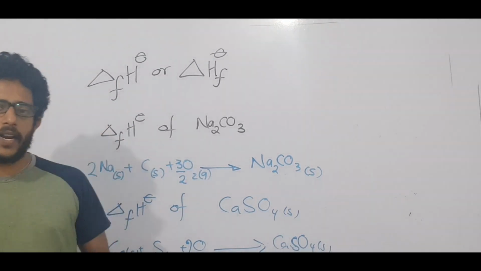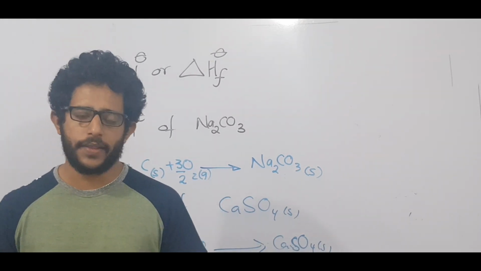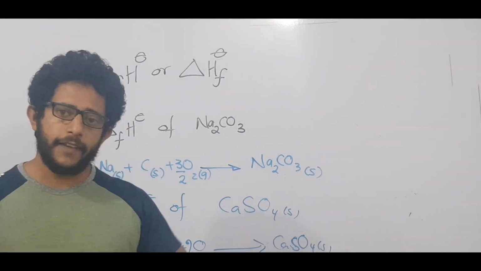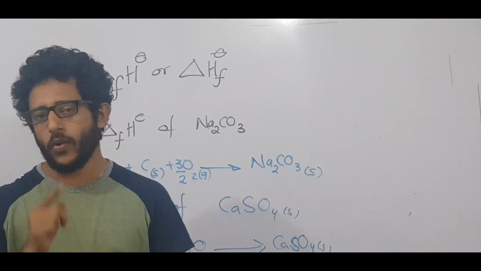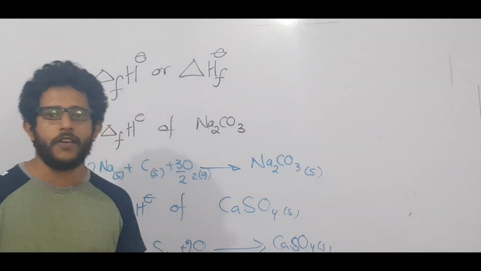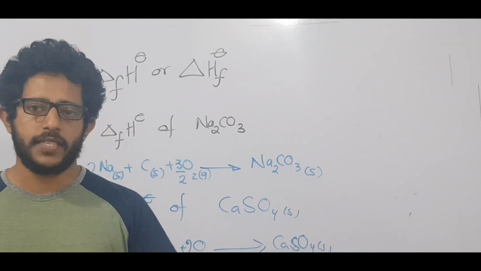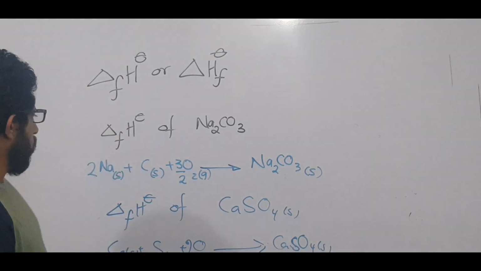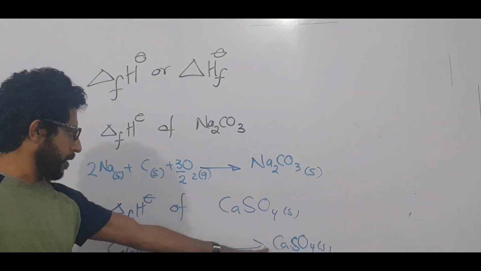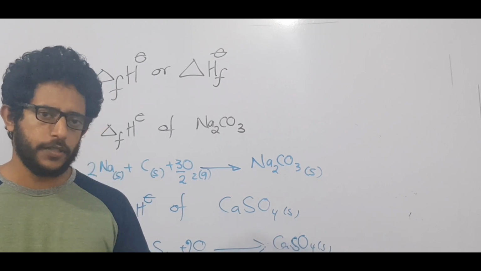Normally the standard state of sulfur is S8, but usually they don't expect you to remember that, so writing S is also fine. If they have given S8, you have to use it as S8, because the more stable physical state of sulfur is S8. So this is how we write the formation enthalpy reaction. It is the enthalpy change when 1 mole of compound is formed from its elements under standard conditions.